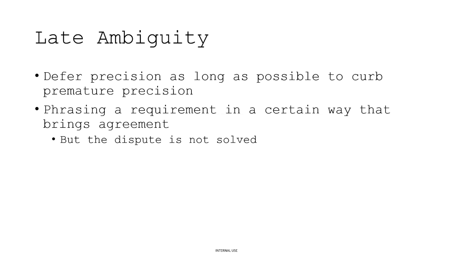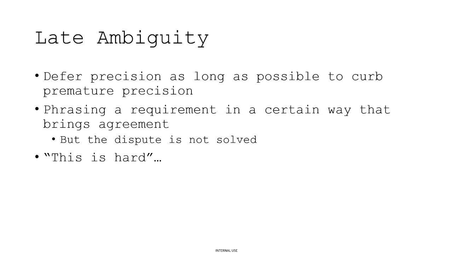So you want to delay the precision, just like you want to delay the acceptance tests until everything is pretty much done. Uncle Bob writes in his book, the solution to premature precision is to defer precision as long as possible. However, it can lead to late ambiguity.